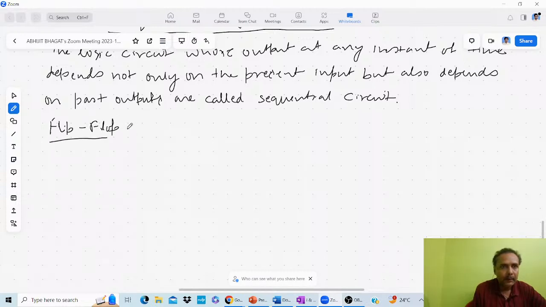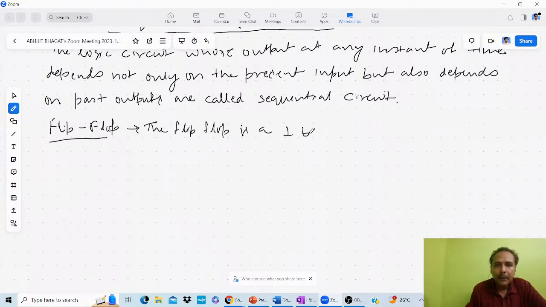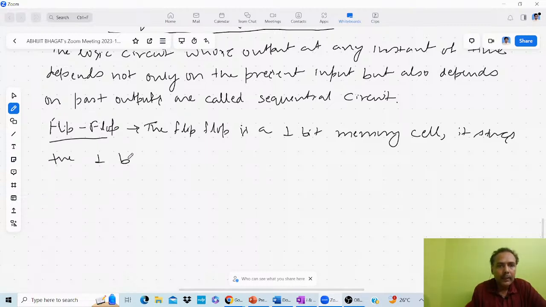A flip flop is a 1-bit memory cell which stores 1-bit logical data, that is logic 0 or logic 1.